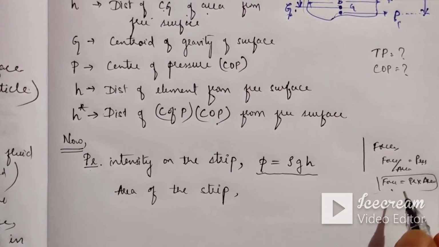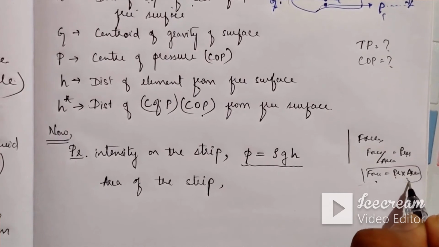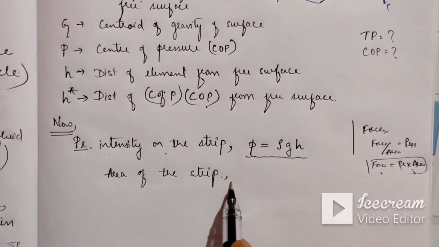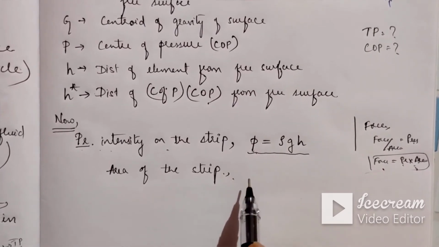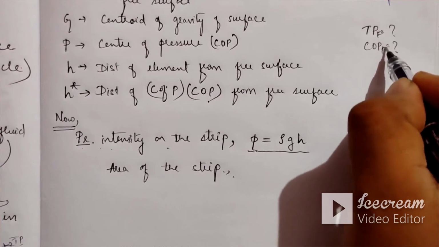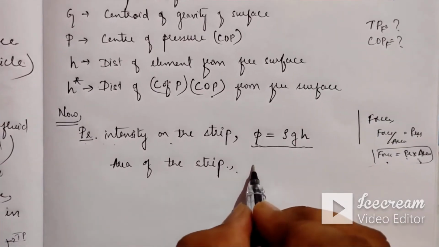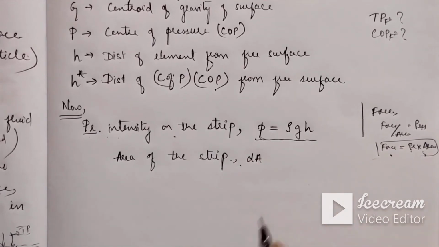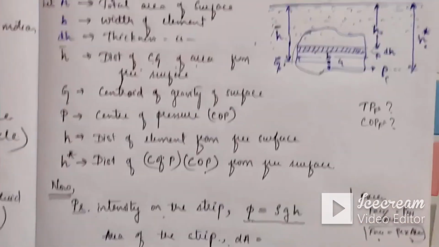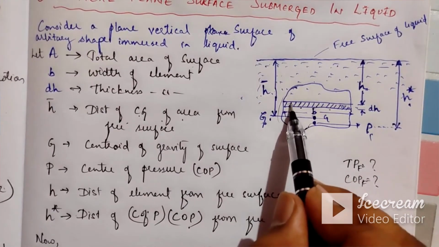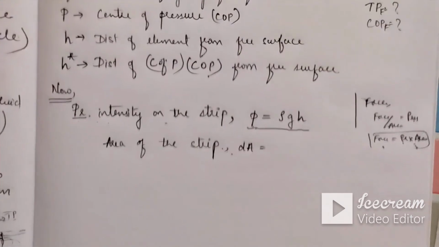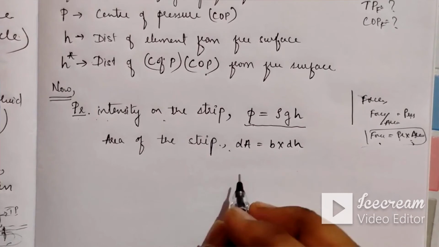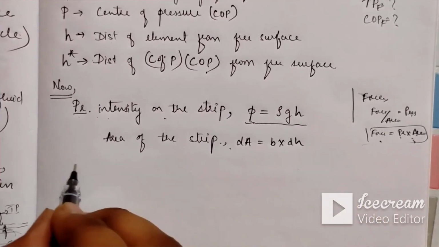If I want this force, I have to multiply pressure into area. This is the concept why I am taking the pressure intensity on the strip first, and next the area, to calculate the total pressure force. So what is the area of the strip? I'll take it as dA, small area dA. This elemental strip is in the form of a rectangle only, so dA is equal to b into thickness dh.